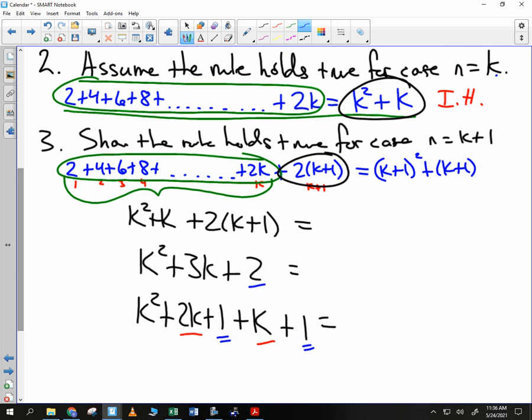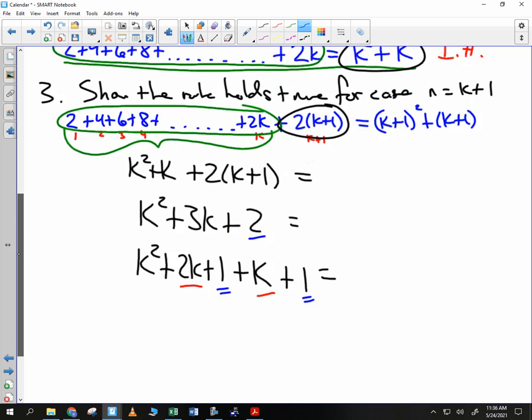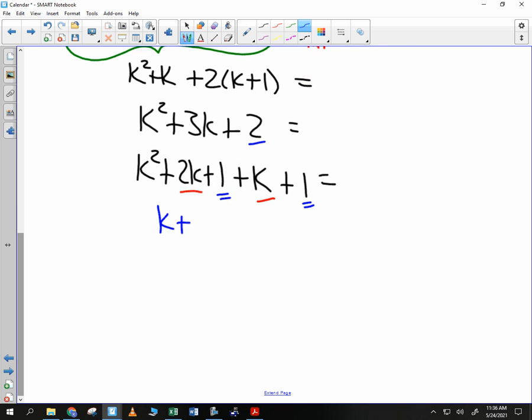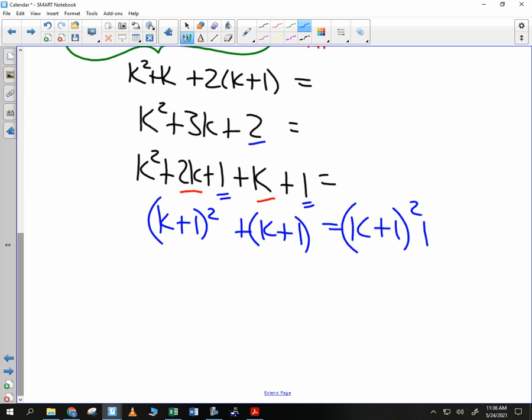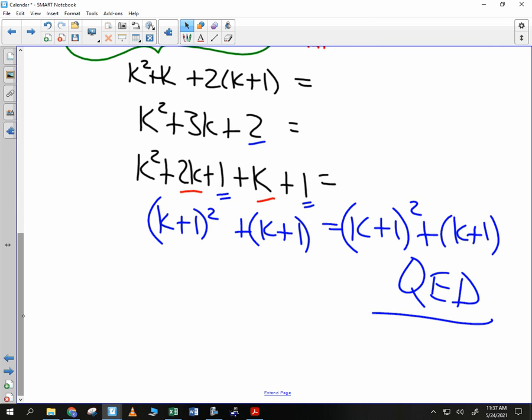Is that going to help me make it look more like this? Yeah, it sure is. Because right now, this then factors to k plus 1 quantity squared plus k plus 1, which is exactly what we had, k plus 1 quantity squared plus k plus 1. QED, which is Latin for that which was to be demonstrated has now been shown. And that's a beautiful proof.